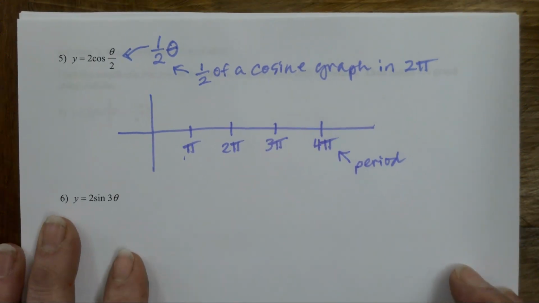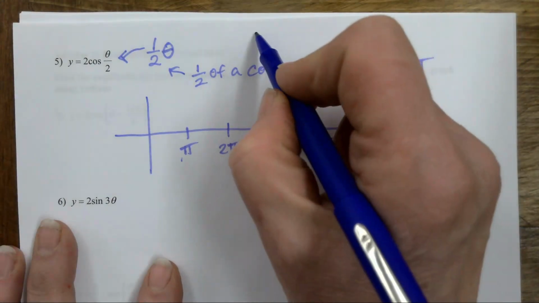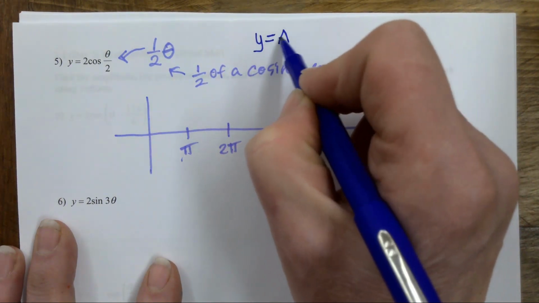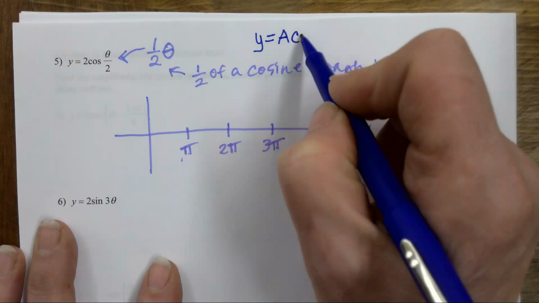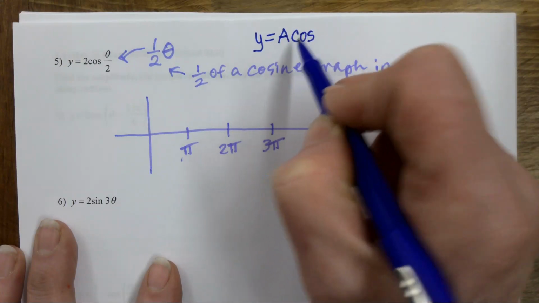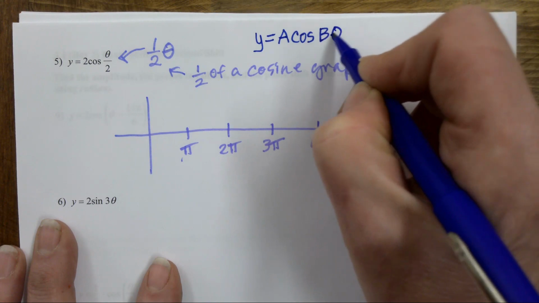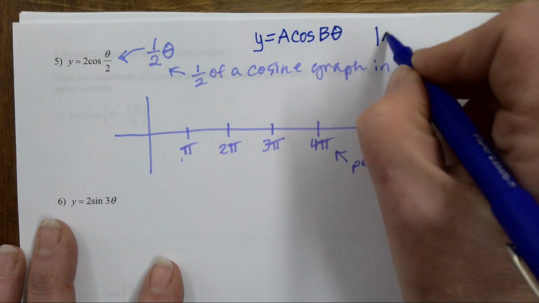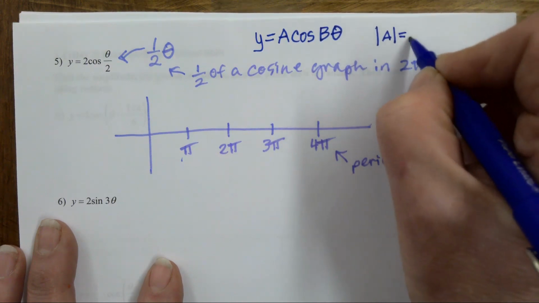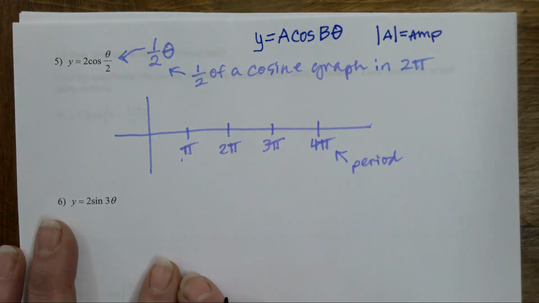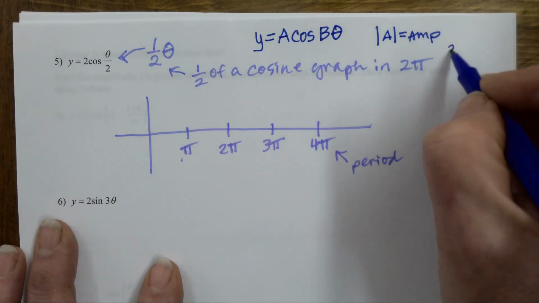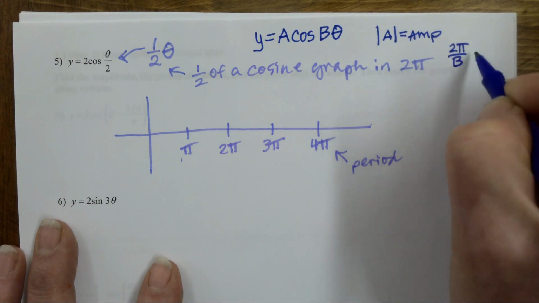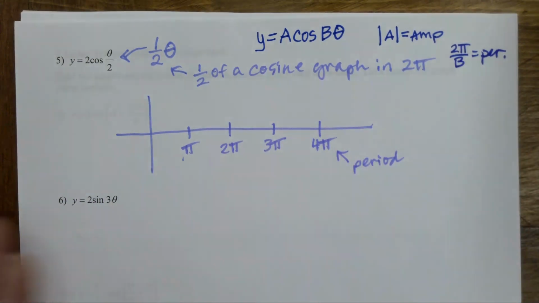If I put my general cosine or sine equation with values in front of the trig function and in front of the angle, the absolute value of A will always give me my amplitude for sine and cosine. The absolute value of the number in front will always give my amplitude for sine and cosine. And 2 pi over B will always give me my period for sine and cosine.